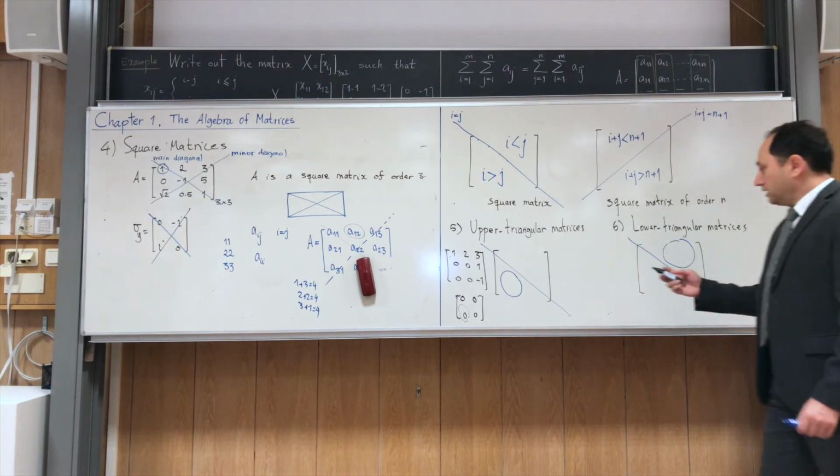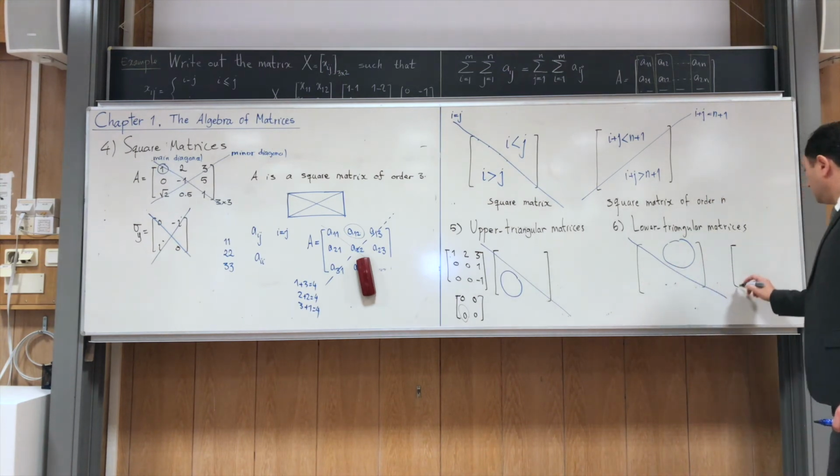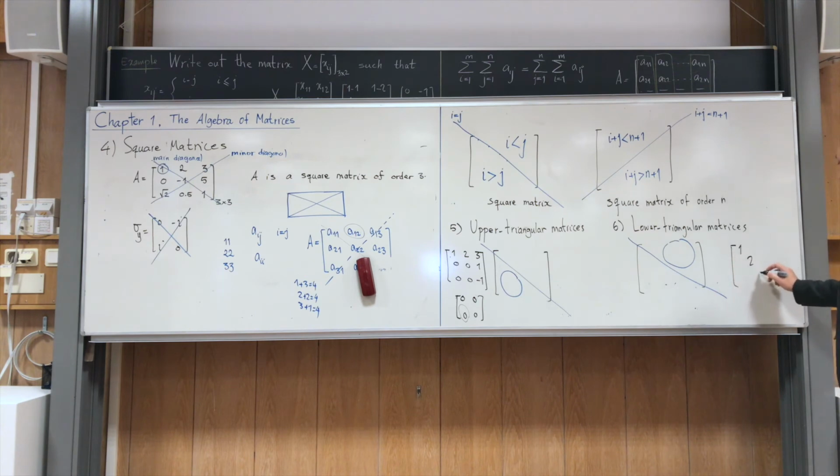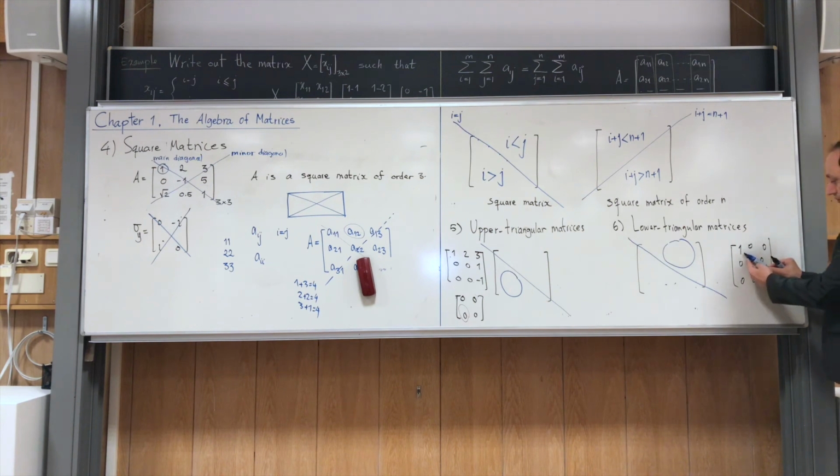For example, I can also write another example. So 1, 2, 3, and then I put 0 here, 0 here, 0 there. Yes, so that is both upper triangular and lower triangular. It is upper triangular because if I just look below the main diagonal, everything is 0.